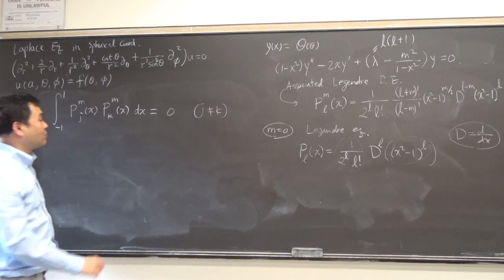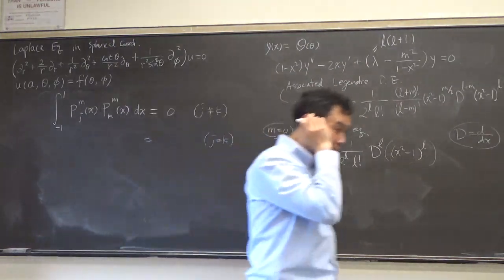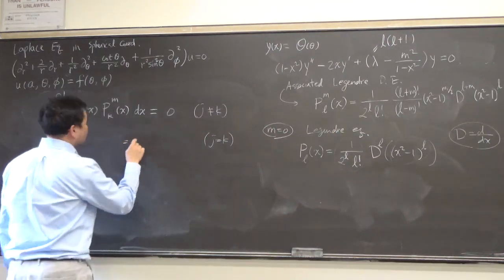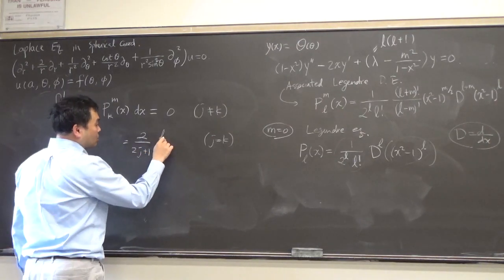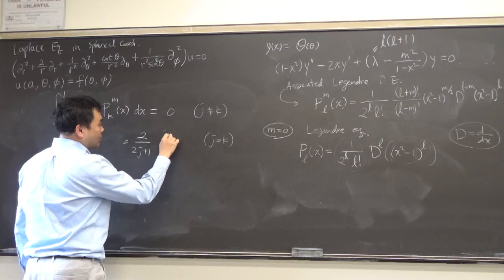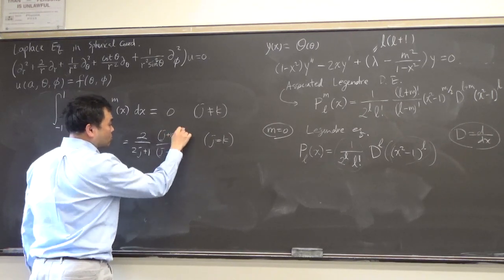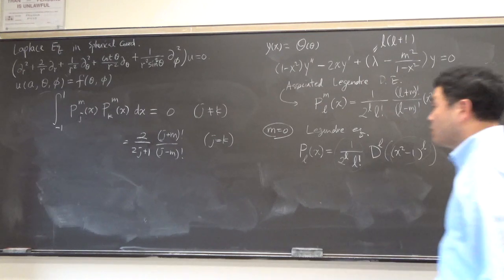And then if they're equal, then you get something crazy. So I have to look it up. You get 2 over 2j plus 1, times j plus m factorial over j minus m factorial, and that's it. Right. Okay. So that's what you get.